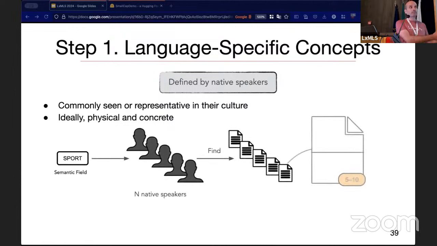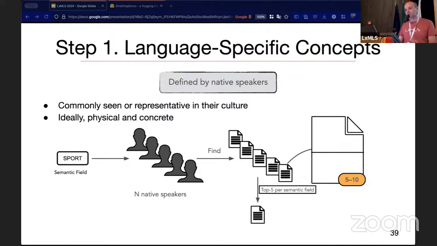If we take sport as an example, then within this semantic field, we ask a collection of native speakers to find pages on their Wikipedia in their language that represent this concept. This is another bias we introduce. I have no evidence that there was a side effect of people writing Wikipedia articles in order to have this concept in the data set.